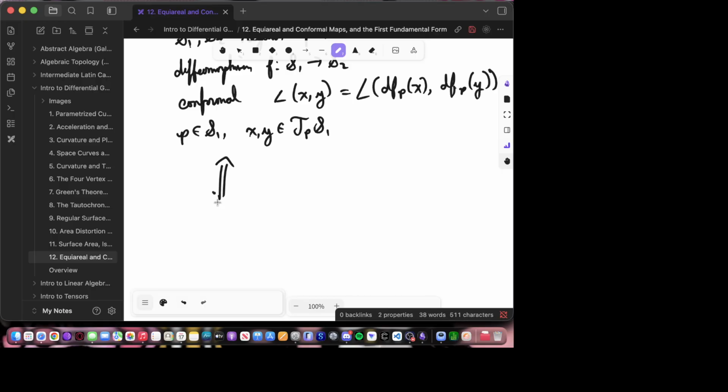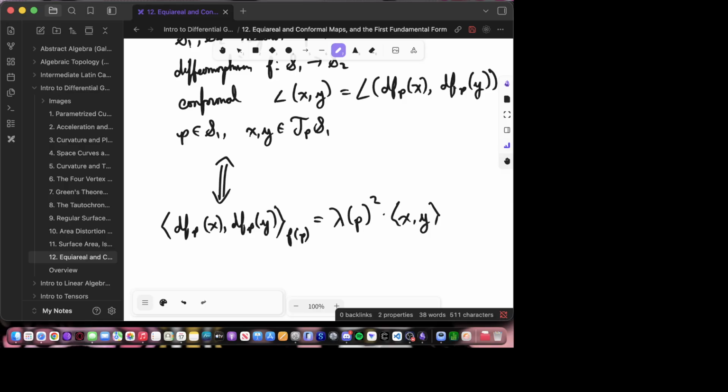A diffeomorphism is conformal if we have that the inner product of df_p x, df_p y at f of p is equal to lambda p squared times the inner product of x and y at the point p for all p in S1 and x, y in the tangent plane of S1.